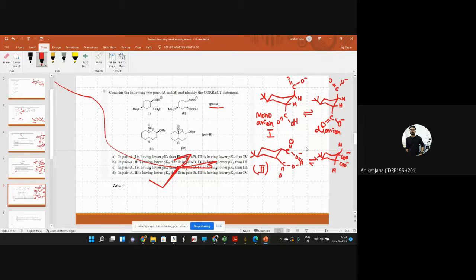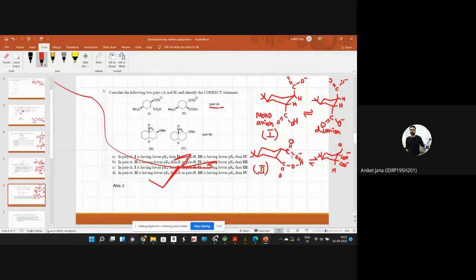So now tell me, any clue or anything you can predict from the drawn structure, which one can be more acidic, 1 or 2? For 1 it is more easy to release hydrogen, or for 2? So I think for the first one, it will be easier to release hydrogen. Exactly. From the first one, it is easier because there is no hydrogen bonding present.